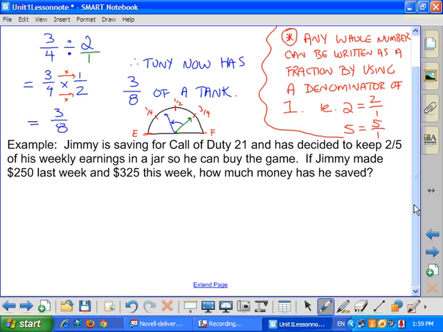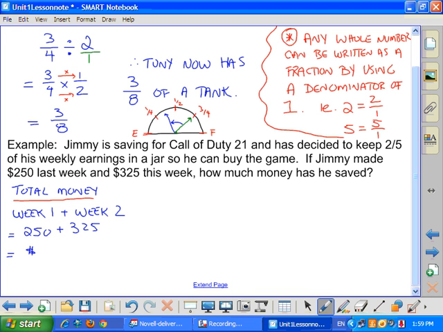So what we're going to do is we're going to start with total money. How much money has he made? Total money will be week 1 plus week 2. So that means that he made $250 last week plus $325 this week.